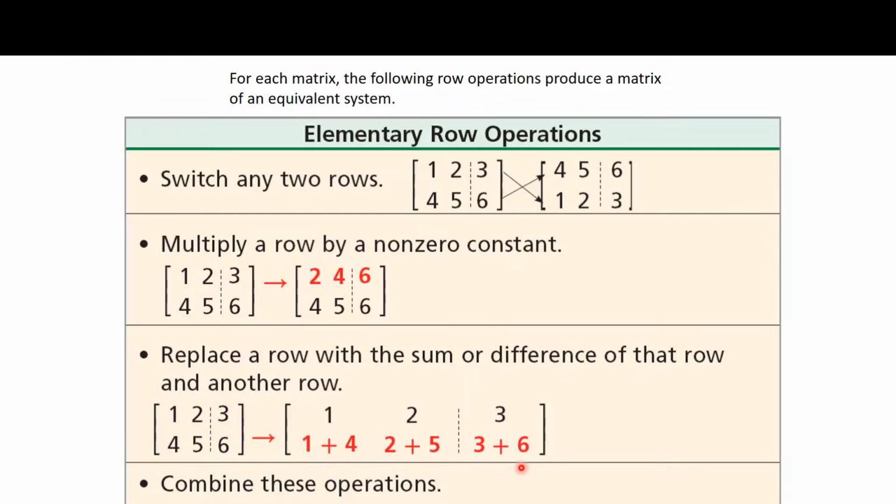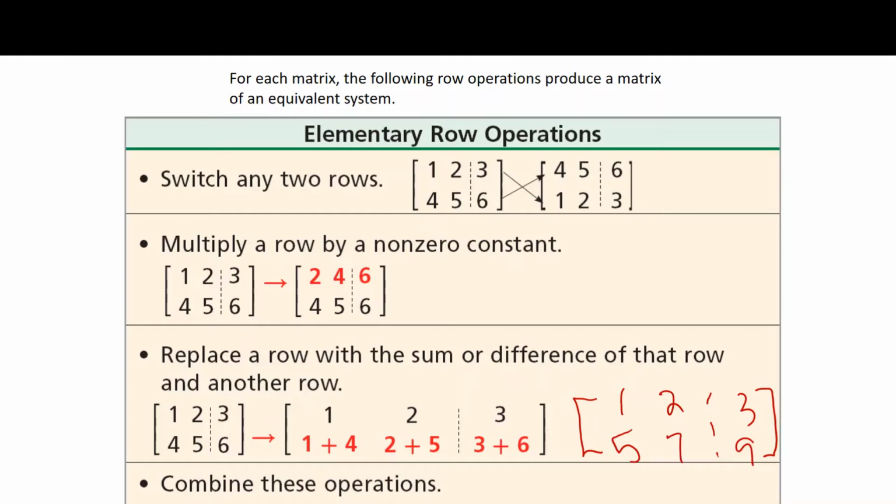For my second row, I could say 1 plus 4 and have 5 here, 2 plus 5 would be a 7, and 3 plus 6 would be a 9 at the end. So this new matrix could look like 1, 2, 3 in the first row, and then 5, 7, and 9 in the second row.